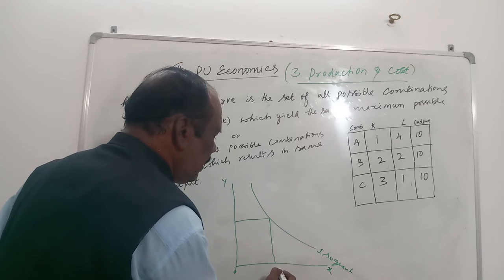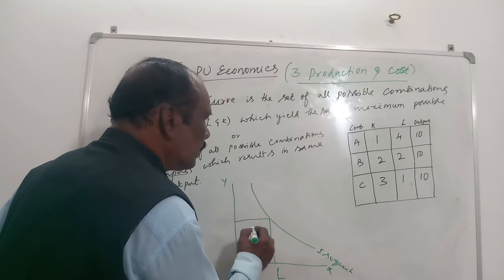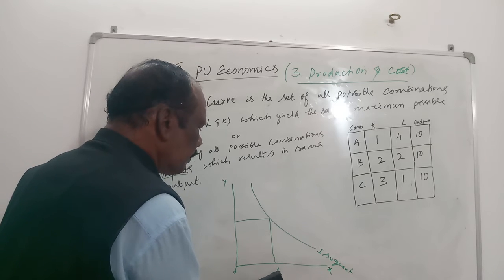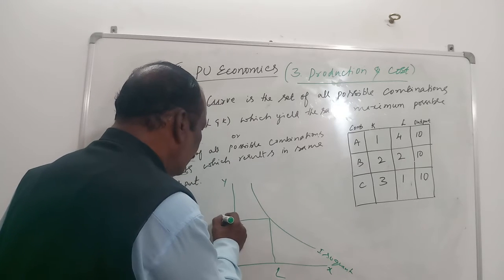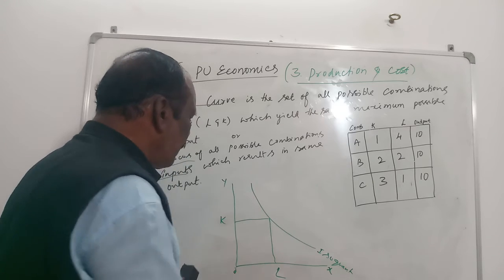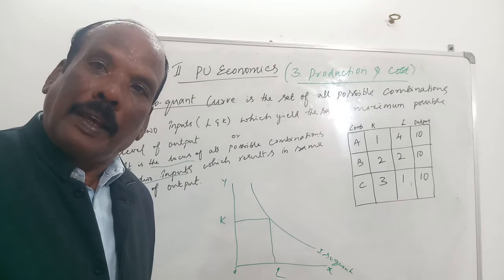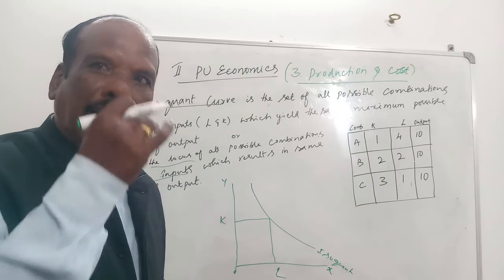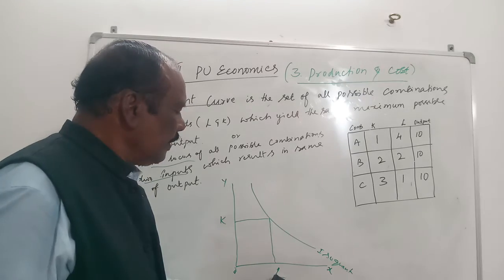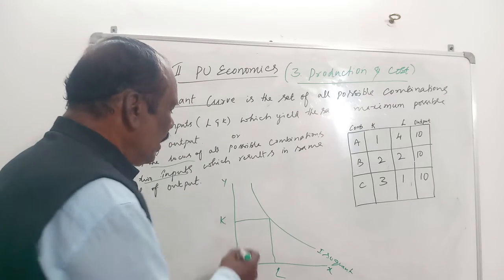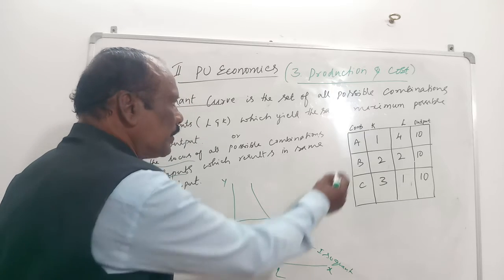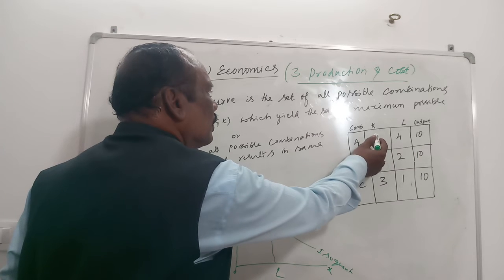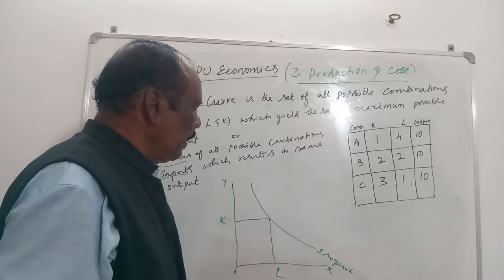So this is labor, yes, labor, and this is capital. Capital. We use K for capital in economics, right? Not C, right? So K, that is capital, and L for labor. When this is the combination, one combination, so 1K and 4 units of labor.